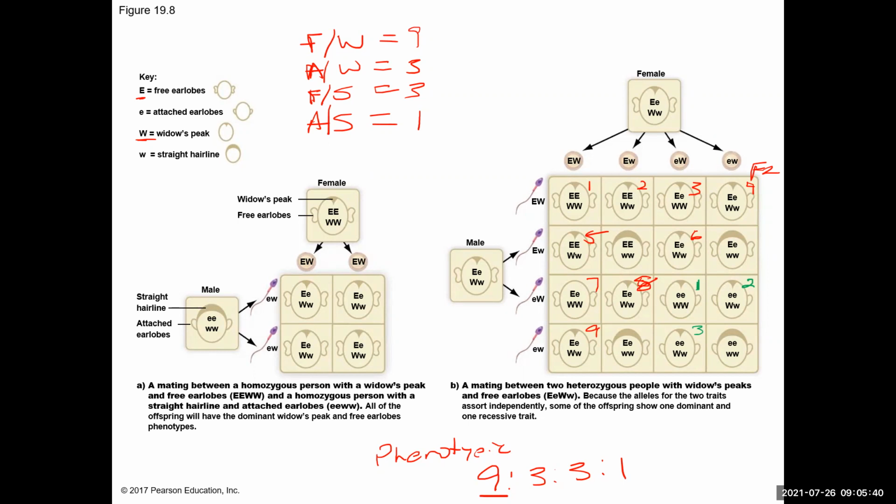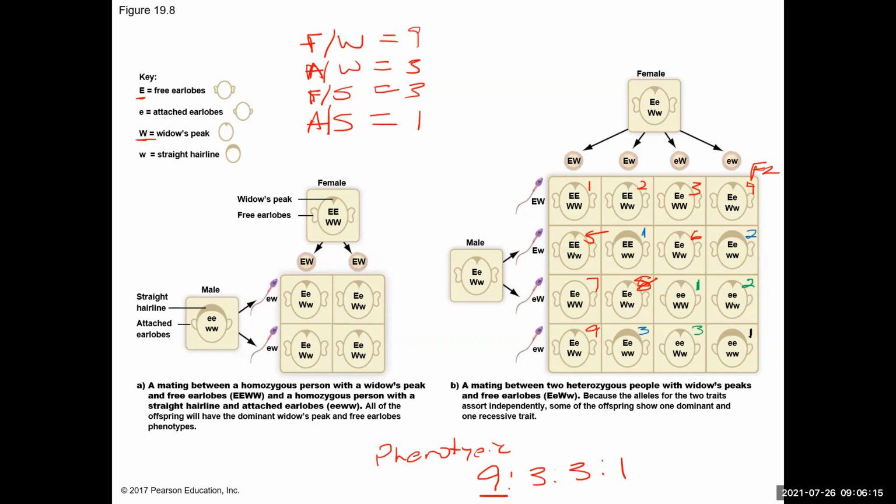Then we can say, okay, which ones are going to be free earlobes, but with a straight hairline? For this we want dominant E's with recessive w's. So this is 1, free ears, straight hair, 2, free ears, straight hair, and 3, free ears, straight hair. And then the last is homozygous recessive for both, which is this one.